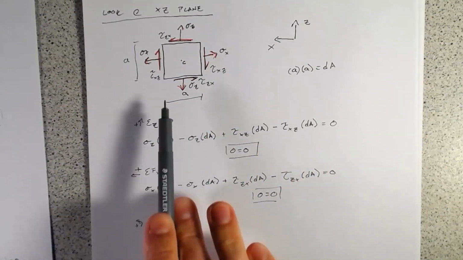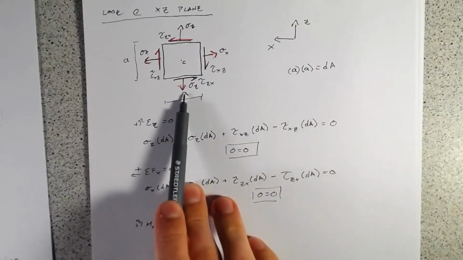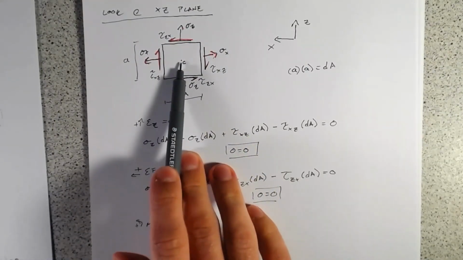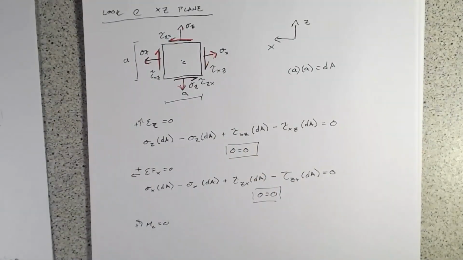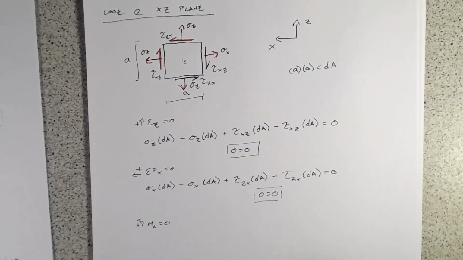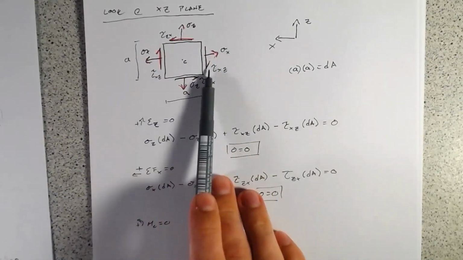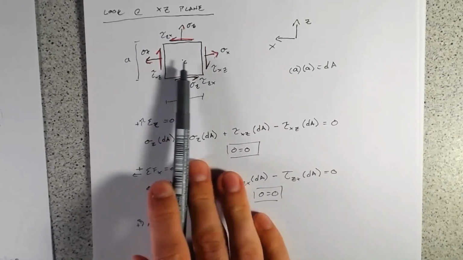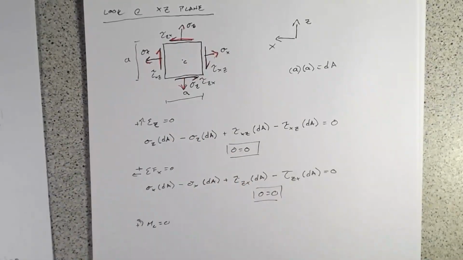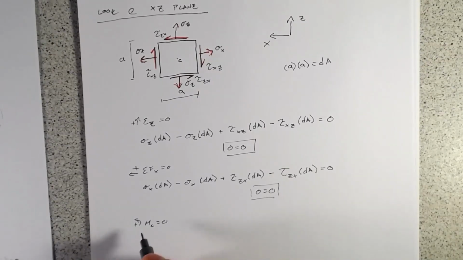Now, when we do this, all of our normal stresses have 0 distance from C, so that moment equals 0. So the only thing that's going to contribute to the moment about this little block in this face are the shear stresses. And so let's write that out.